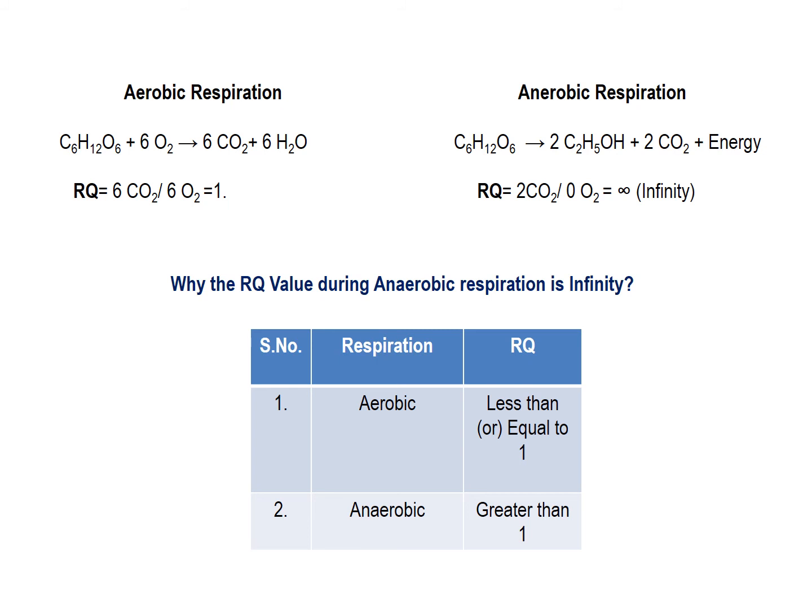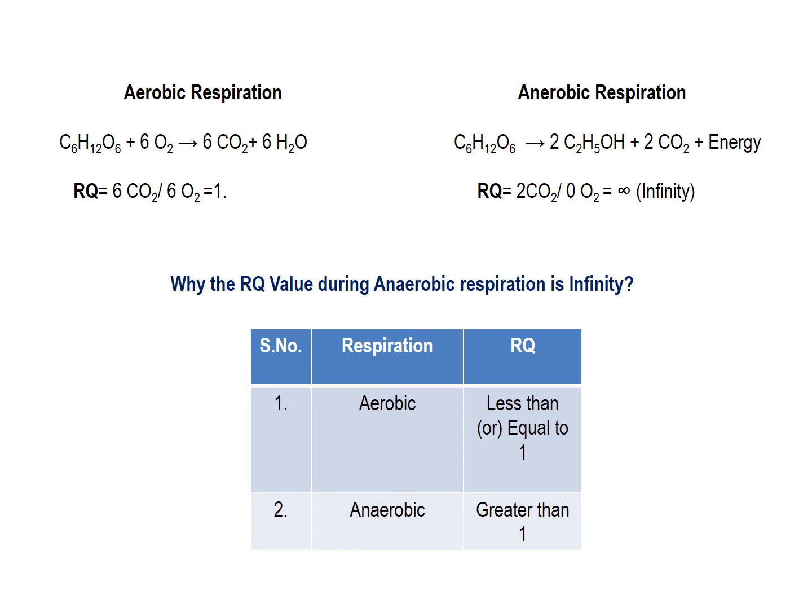In the same way we will calculate the RQ value of glucose in anaerobic respiration. The major difference between aerobic and anaerobic, as I told, is that it takes place only in the absence of oxygen. Therefore here there will be no oxygen molecules.